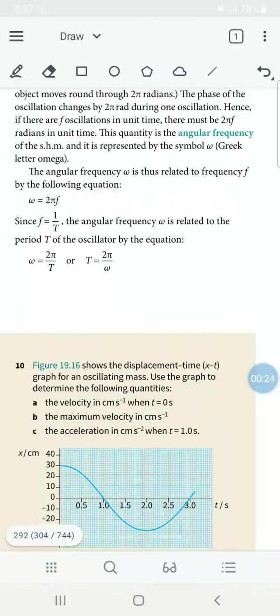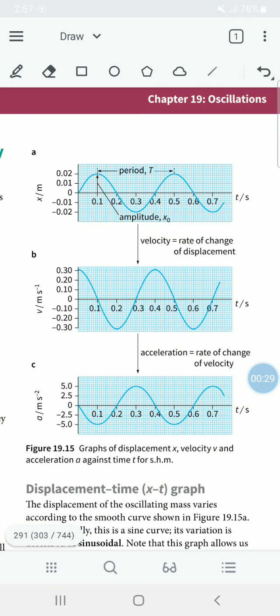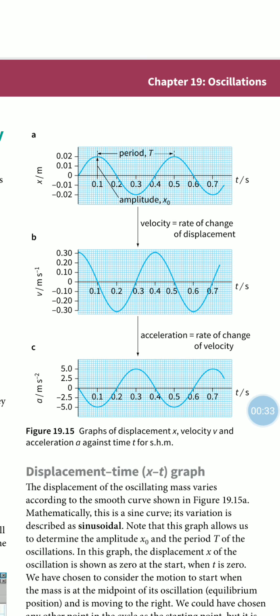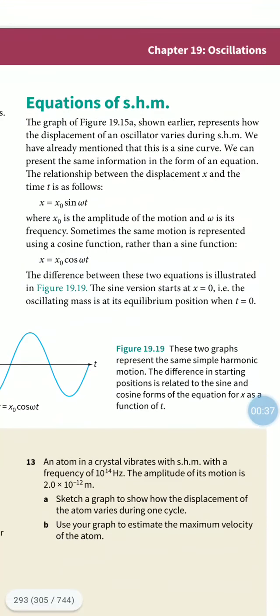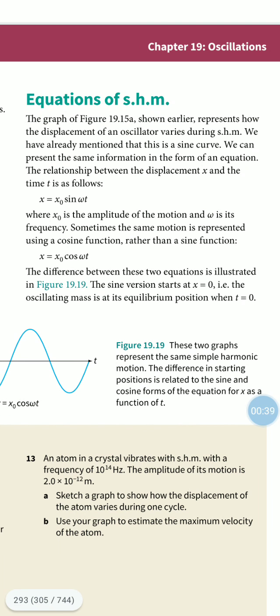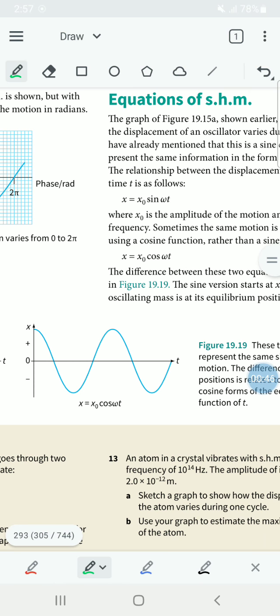So that we discussed 19.15a. So this is velocity, how it changes with displacement. We have already mentioned that this is a sine curve, right? Sine curve is something that looks like this, right?